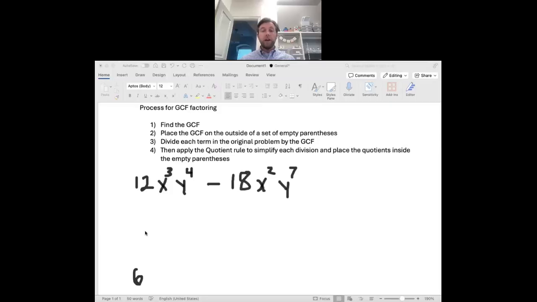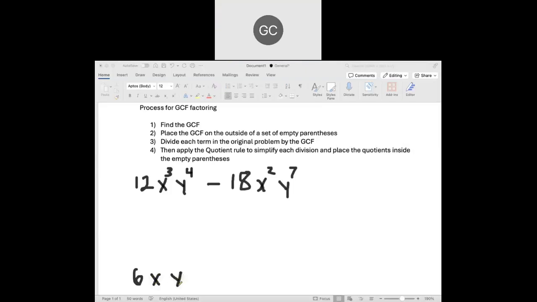Remember with the variables, you look for what's common. What variables appear in both terms? The x and the y. Then you hone in. Look at your x's. What's the smaller exponent over the x's?